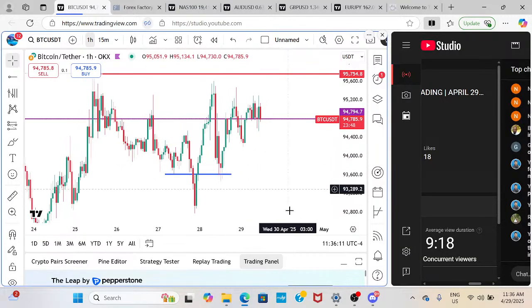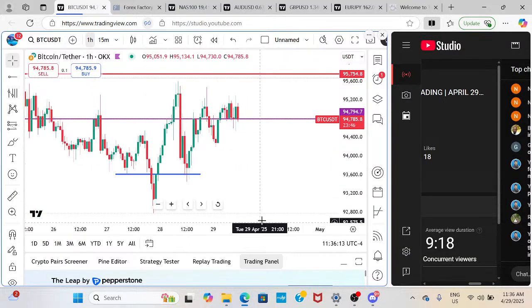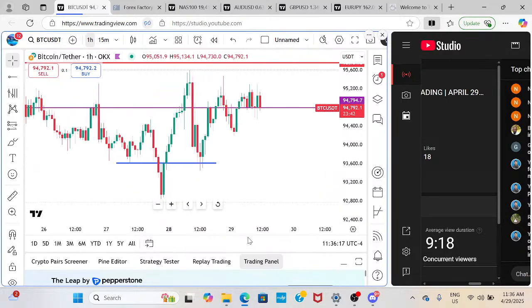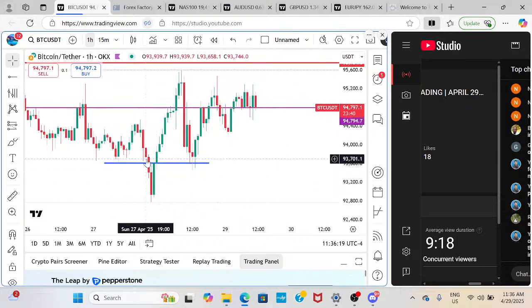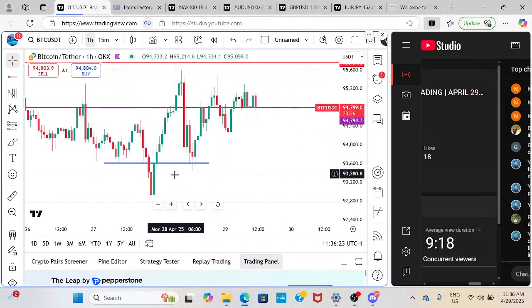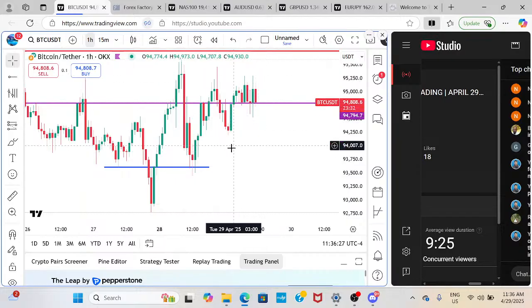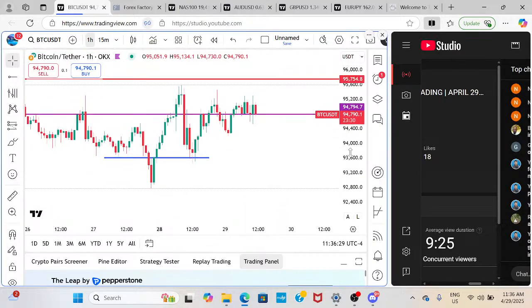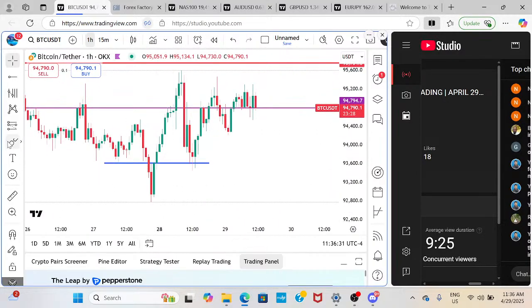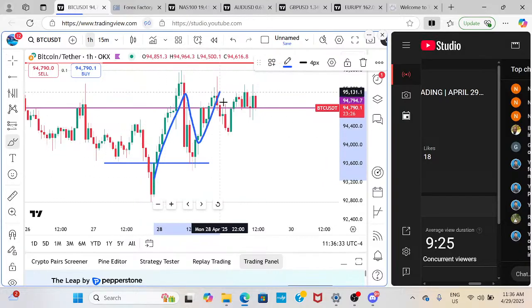Right now it's basically in, how do I say it? It's not indecisive. Okay, so for now, for Bitcoin, I would wait to see, because we currently have a bear structure.